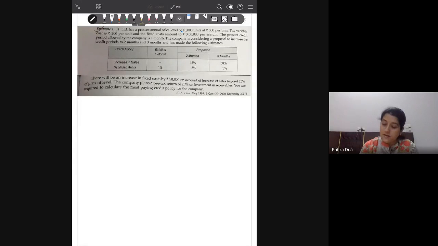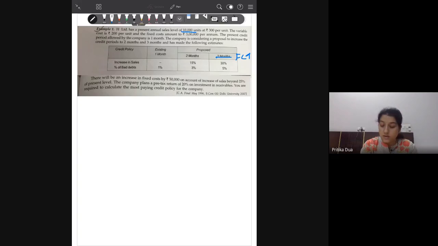So it means in the 3 months case, your fixed cost will increase by 50,000, and the company plans a pre-tax return of 20% on investment in receivables.